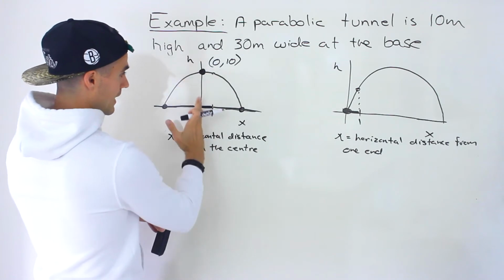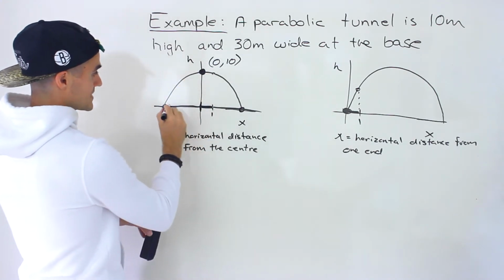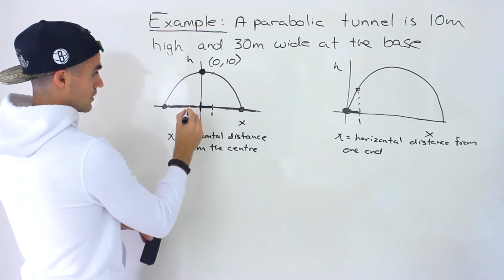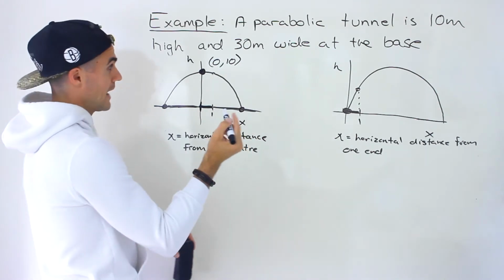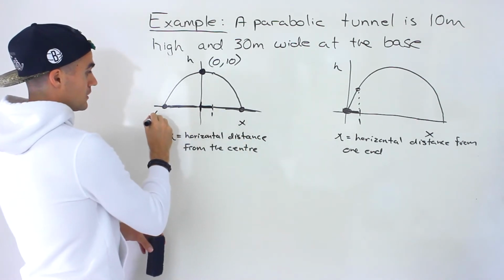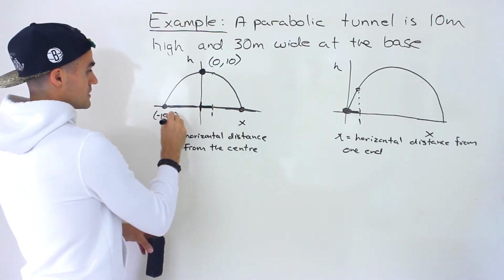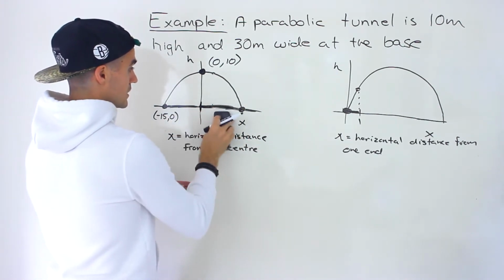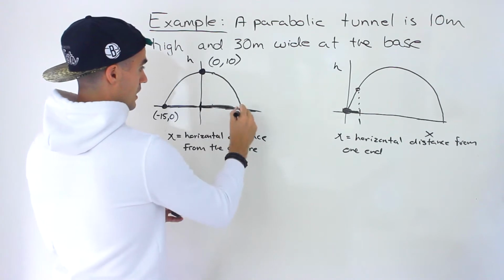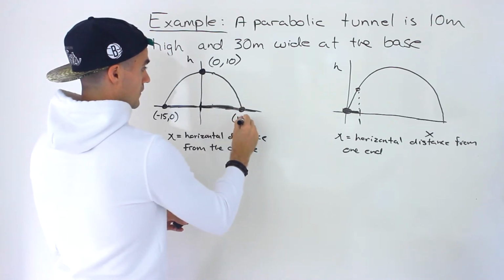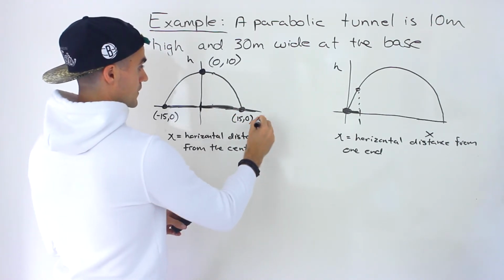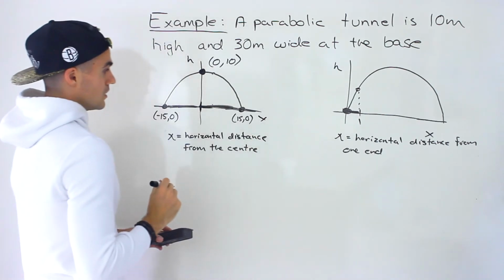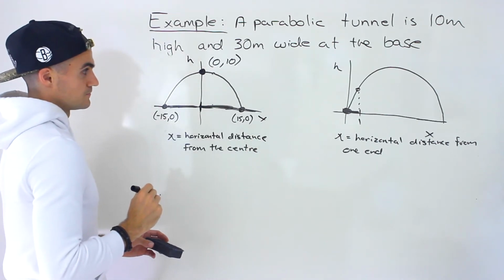Well, if it gets cut in half right at 0, then what's this distance over here? Well, we know it's going to be 15, right? Half of 30, so we know this point is going to be negative 15 and 0. This point here, because this distance is also 15, is going to be 15 and 0 like that, right? And then we're dealing with the x value still there.